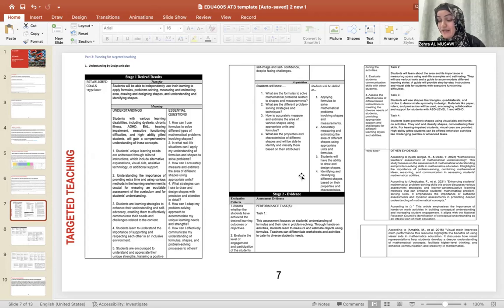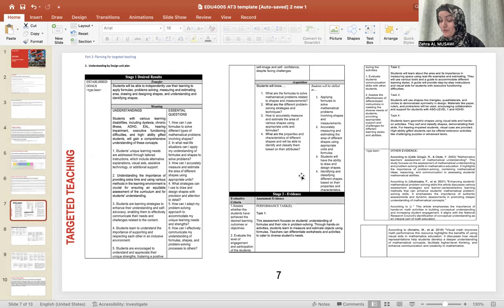Utilize visual aids like shapes, charts, and grid paper for students with EAL and processing speed weaknesses. Encourage students with ADHD and high ability learners through interactive activities like shape identification games and sorting tasks.